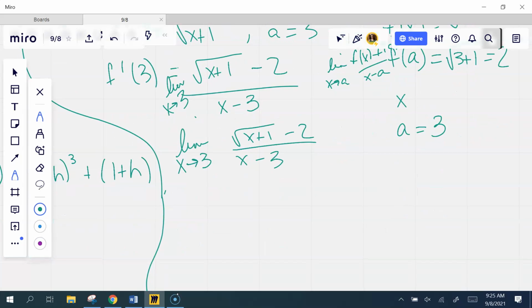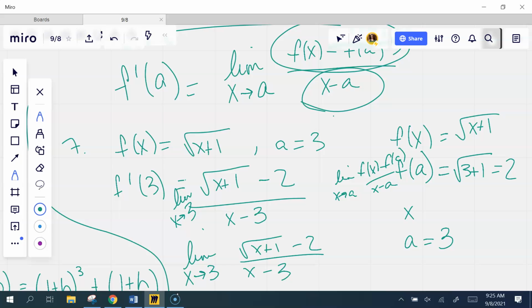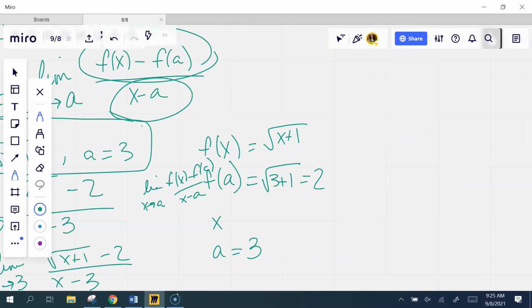It's just hard for me to know that. If I had another problem like that, I wouldn't know that f of a would be the square root of 3. Well, you're always going back to the original problem.